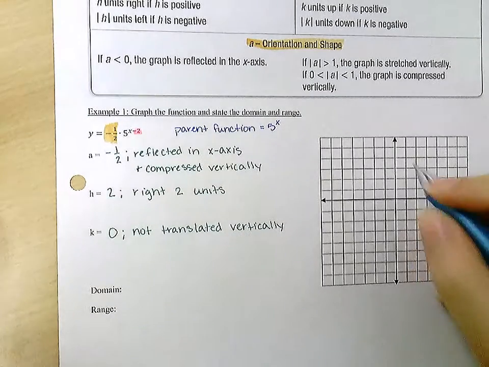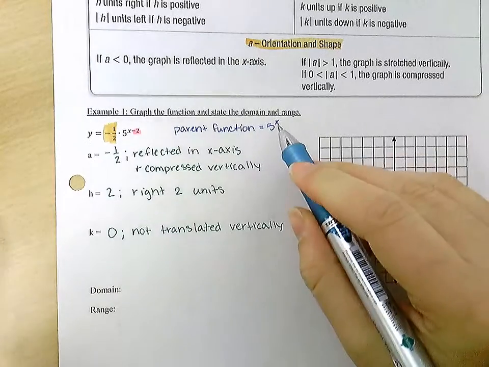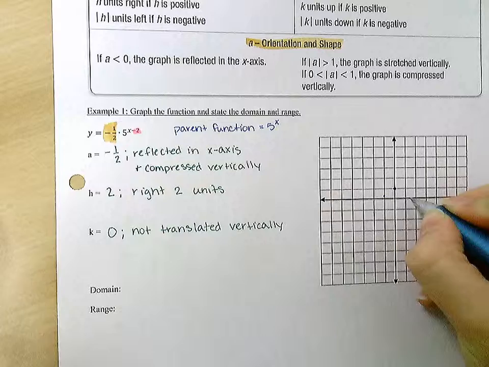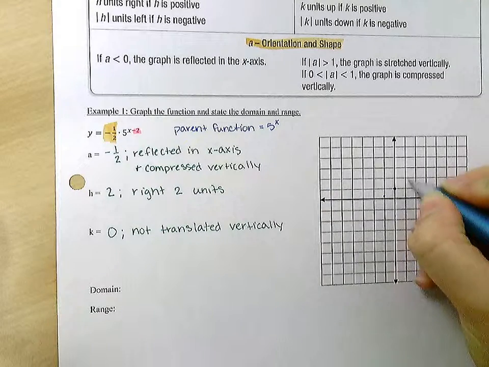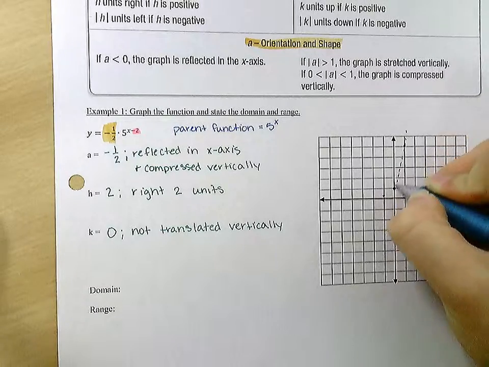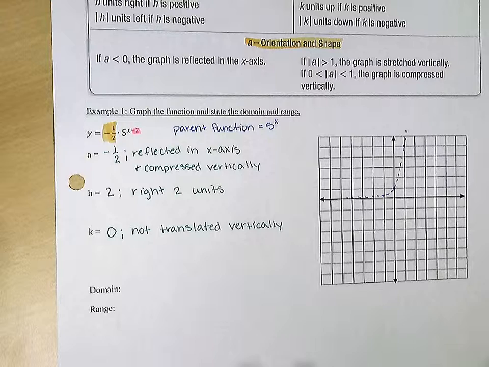If I put negative 1 in for x here, that'd be 1/5. Plug in 0, it's 1. Plug in 1, that is 5. So just a light sketch of where my parent function would be, and that's my dashed line there. It's not the graph of what we're trying to find. This is just the parent function. That's why I did it lightly.